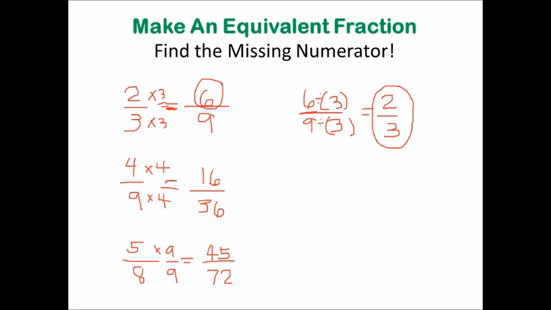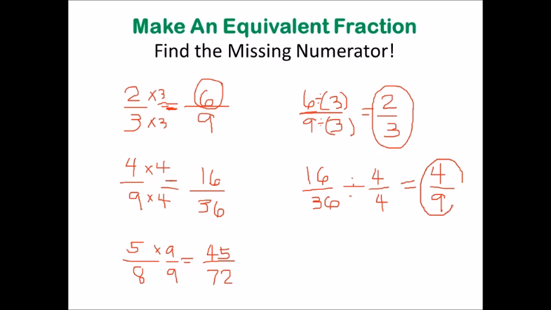Next, what if you're going to find the lowest term of 16 over 36? The greatest common factor is 4, so you have to divide the numerator and denominator by 4. So you're going to have 16 divided by 4 is 4, 36 divided by 4 is 9.